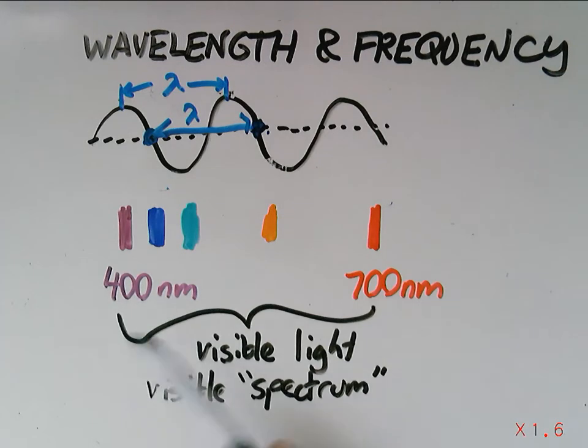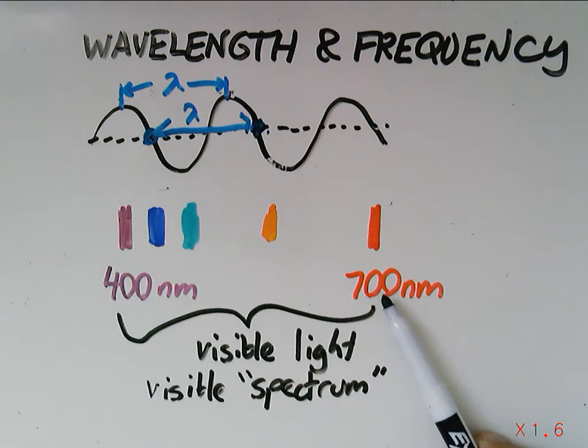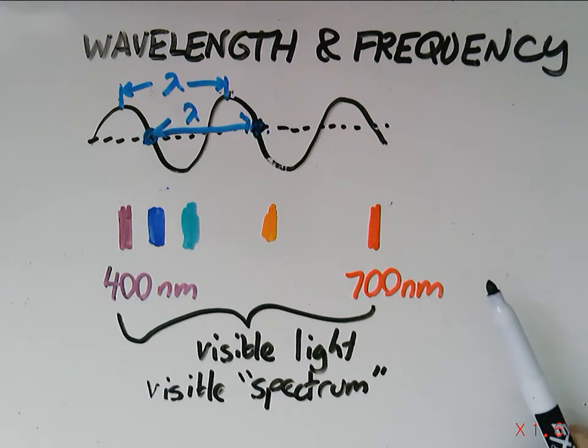Now, I would kind of like you to know what the wavelengths are for the borders of the visible range. You can't really see any radiation that has a longer wavelength than that. Well, there are some women that can see that.